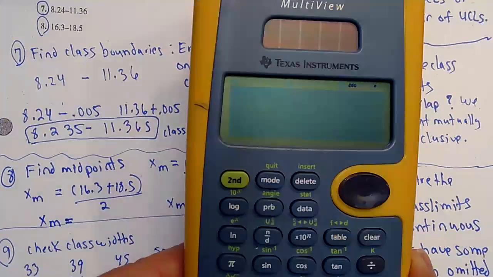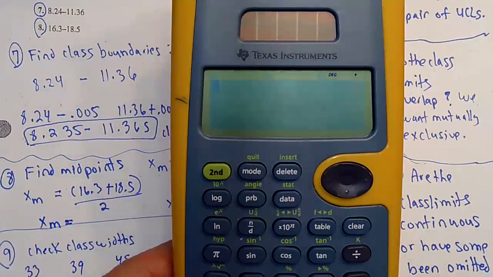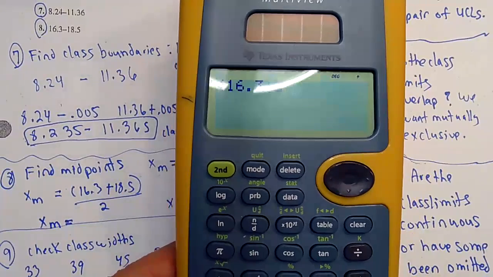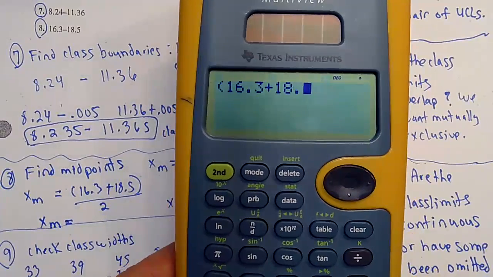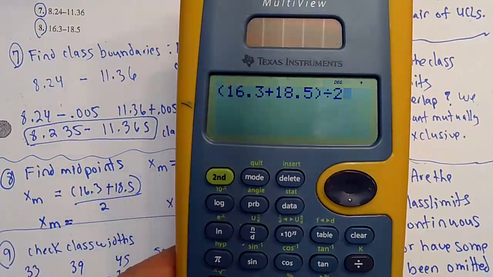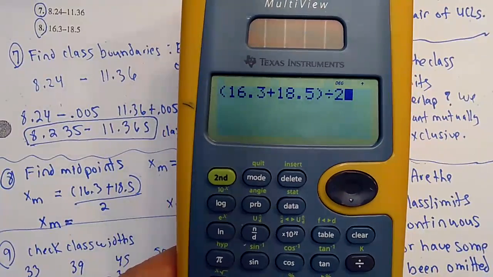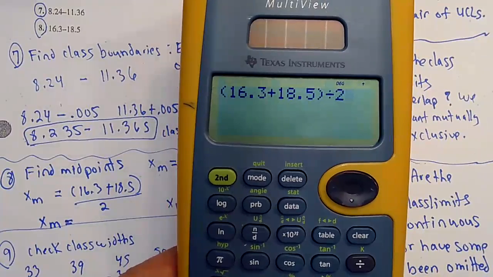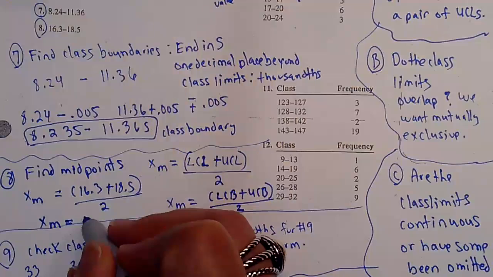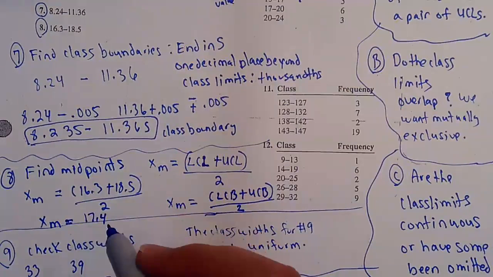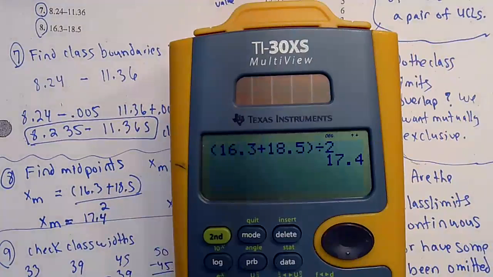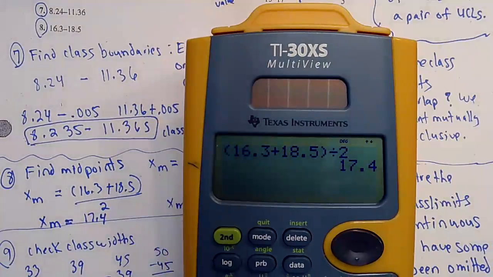So parentheses, 16.3 plus 18.5, close parentheses, divided by 2. That gives 17.4. Okay, so that would be my midpoint. You need the parentheses. If you try to type it in without the parentheses, you won't get the same answer.